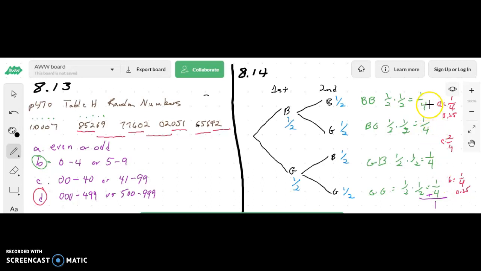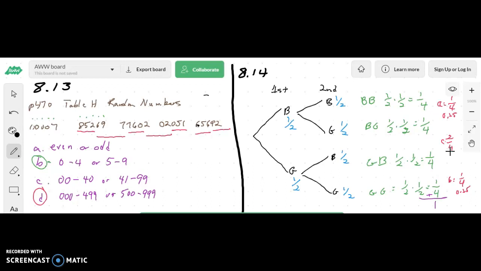And since selecting one family and having either two boys or two girls are mutually exclusive, which means it's impossible to get both scenarios with the same one pick, then we can add these probabilities together, 1/4 plus 1/4, to get 2/4, or 0.5 as the probability that you randomly select a family that has two children and both are boys or both are girls.